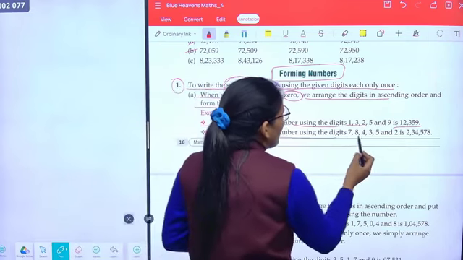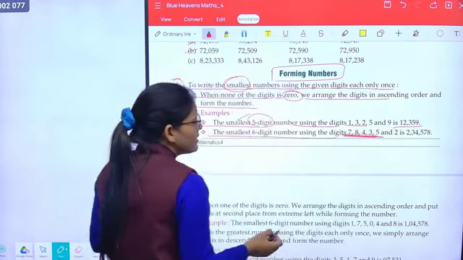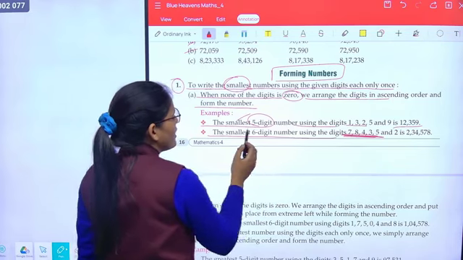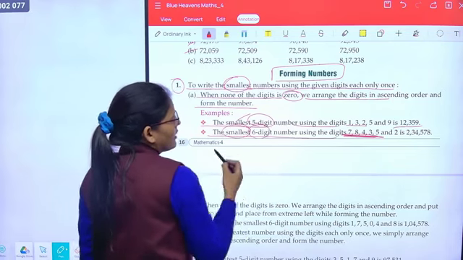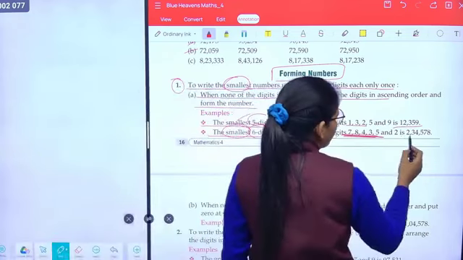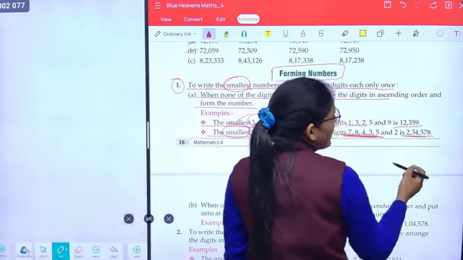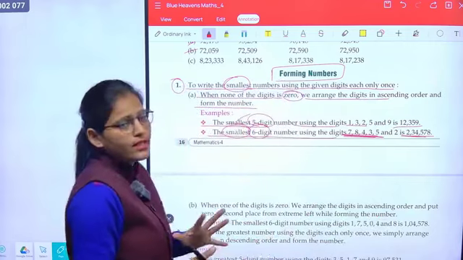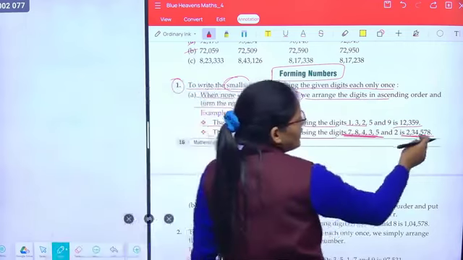अब हम इससे क्या करेंगे, ग्रेटेस्ट नंबर बनाएंगे. Using the smallest 6-digit number. स्मॉलेस्ट 6-डिजिट नंबर बनाएंगे. स्मॉलेस्ट में बनाने के लिए we have to use ascending order. 2, 3, 4, 5, 7, 8.